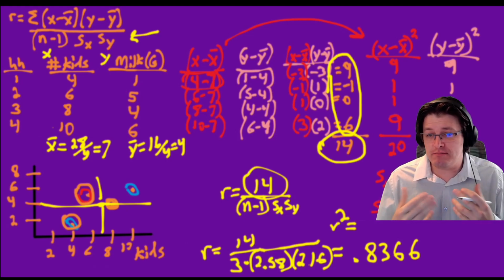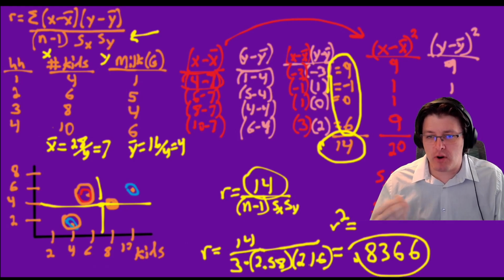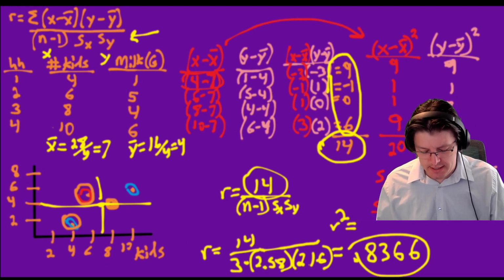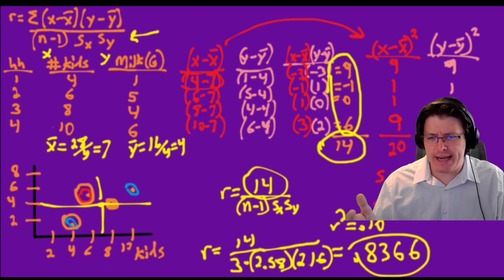And R squared is just what you would expect. It's R times R. So in our case, I think this becomes right at about 0.7.